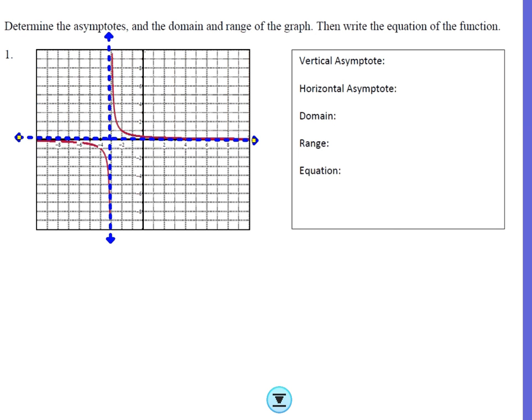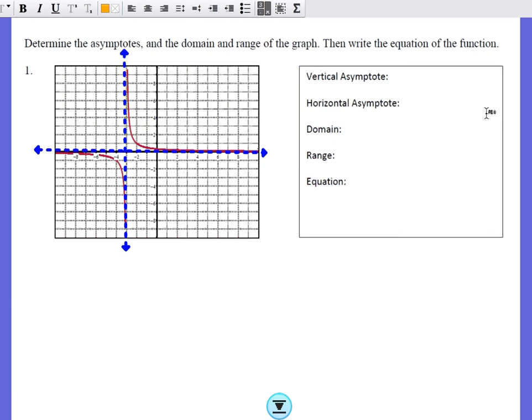All of the rational functions that we are going to be talking about are always going to have a vertical asymptote and a horizontal asymptote. In this case, this is a transformation of the parent function 1 over x. We can see that this vertical asymptote has been moved to x equals negative 3, where the horizontal asymptote is the same as the parent function, y equals 0.